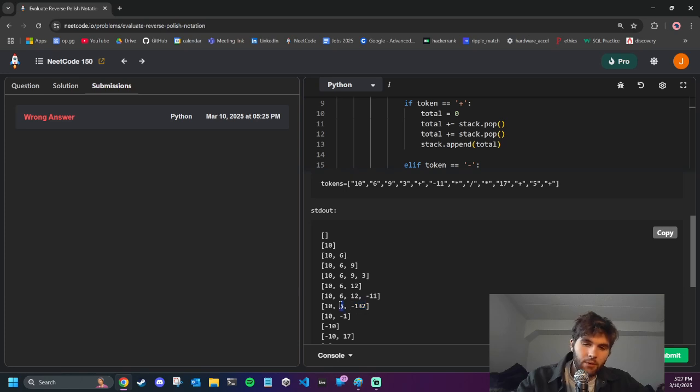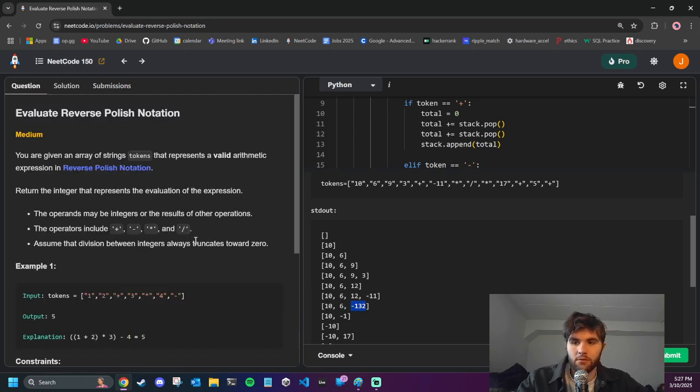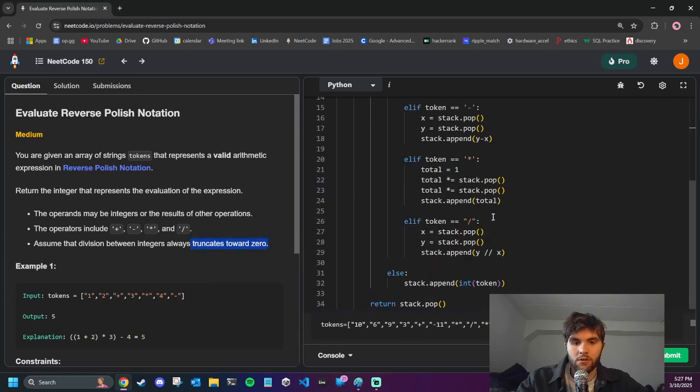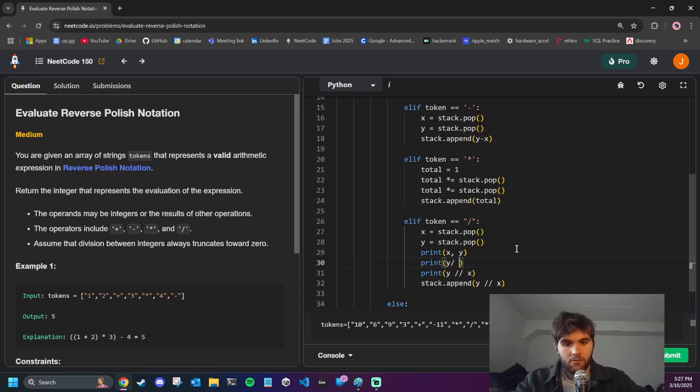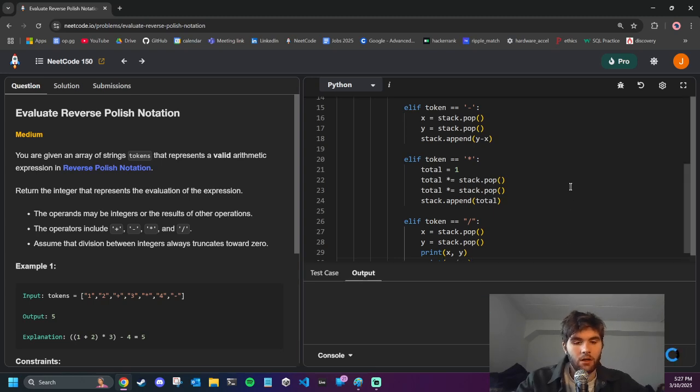Oh, 6 divided by negative, truncates towards 0. I think the division is what's messing it up. So let me print x and y, and then let me print y. Let me print what the normal division is and then what the integer division is. So I'm going to try that again.